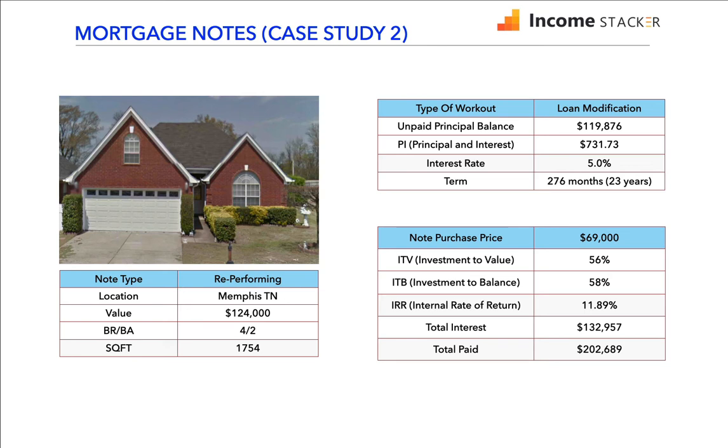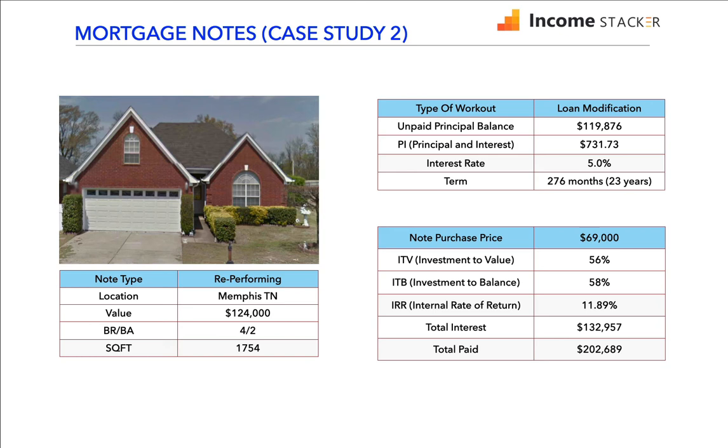The value of the house now was roughly $124,000. It's a 4-bedroom, 2-bath, 1,700 square foot house. They had done a loan modification with the homeowner and established the terms shown here: an unpaid principal balance of roughly $120,000, a principal and interest payment of $731, which they agreed to, an interest rate of 5%, and a term of 276 months.